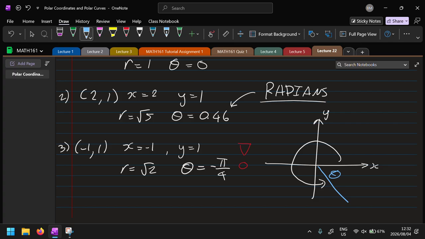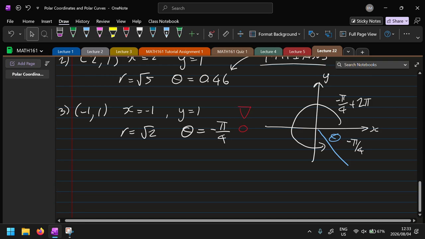The counterclockwise, that will give us the positive angle, or we could go clockwise by the negative angle. We get the same thing. Yeah. So here, if this angle is minus pi over 4, then the full angle going counterclockwise, that will be minus pi over 4 plus 2 pi, right? Because all the way around is 2 pi. So you can either leave your answer as a negative angle going clockwise, or you can leave it as a positive angle going counterclockwise. That's up to you. I don't care. Okay.